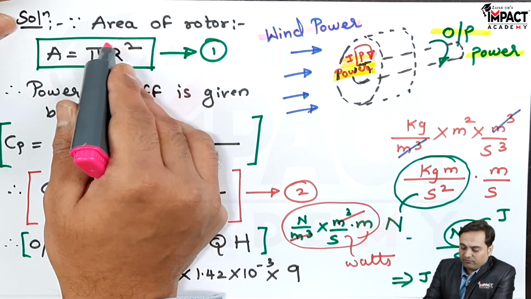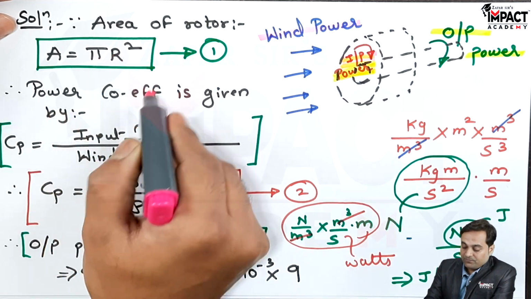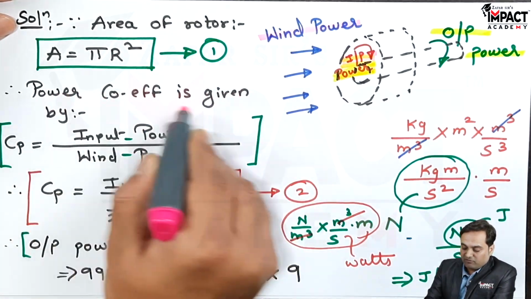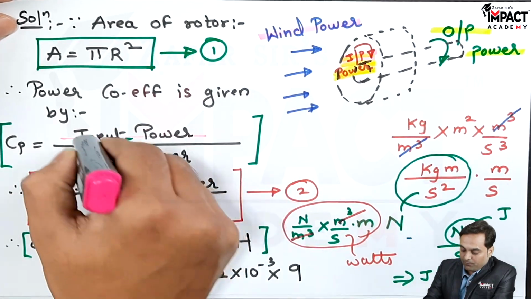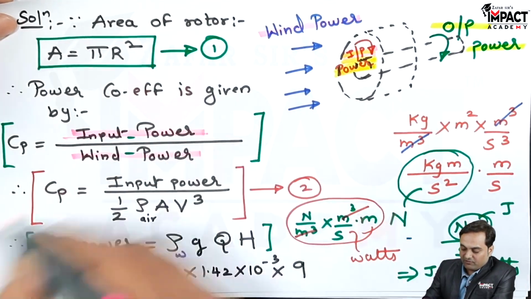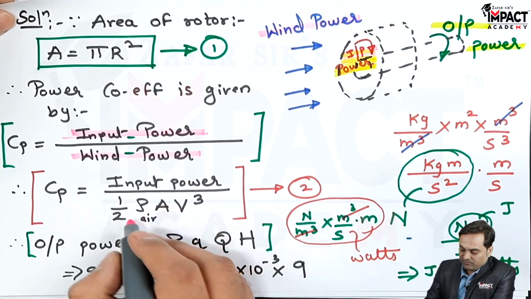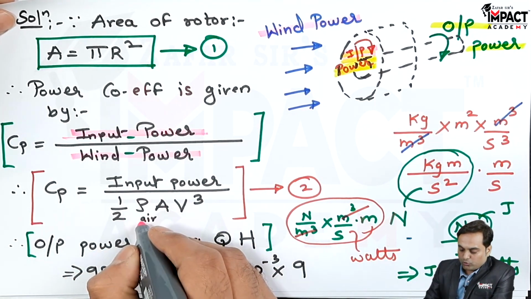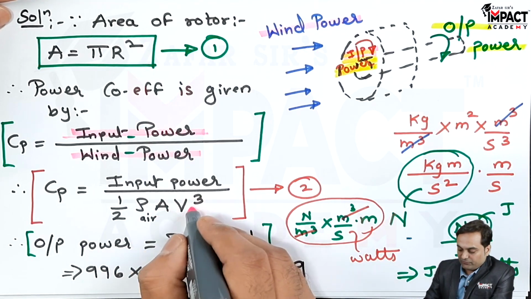Now here we need to know the area in order to get the radius of the rotor. For that I will be using the power coefficient formula, which is nothing but input power upon wind power. Input power is what we have to calculate. Wind power is given by the formula half rho, that is the density of air, into capital A, area of rotor, into velocity cube.